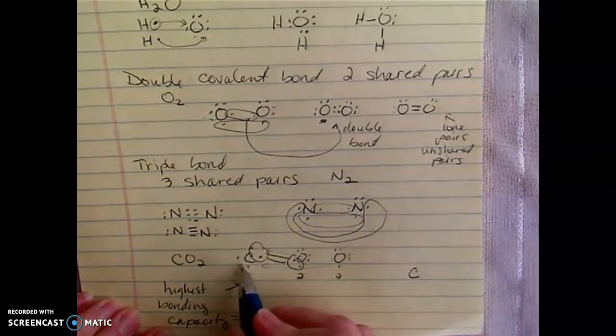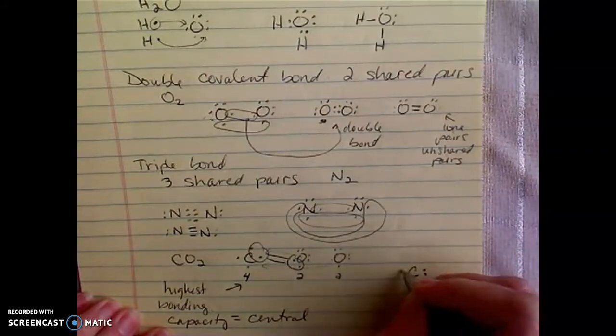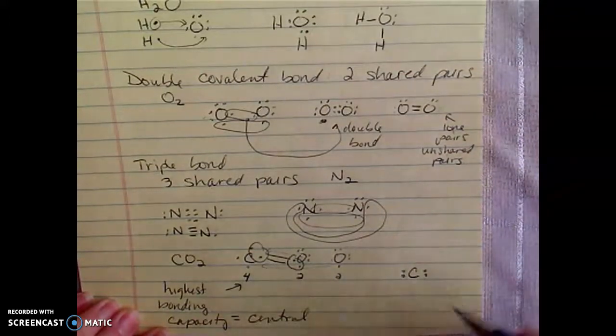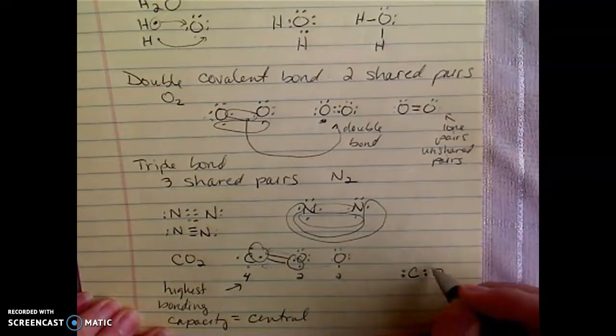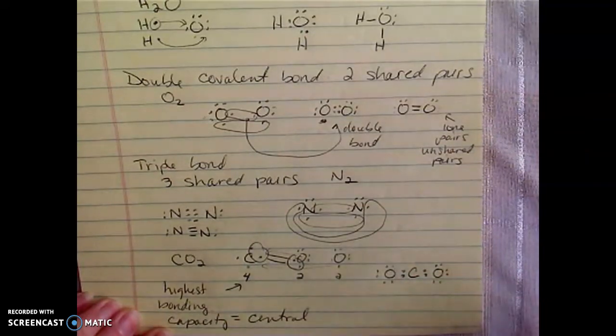I'm going to take these dots here from carbon, and I'll put 2 here, and I'll put 2 here, and then 1 oxygen here. 1, 2, 3, 4, 5, 6, and here 1, 2, 3, 4, 5, 6. And that doesn't work. Okay? So why doesn't that work?